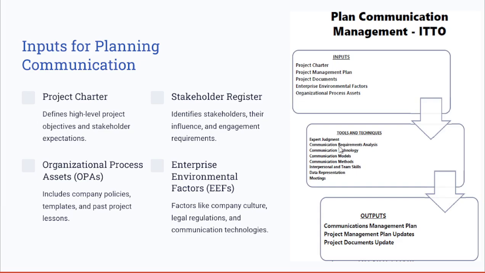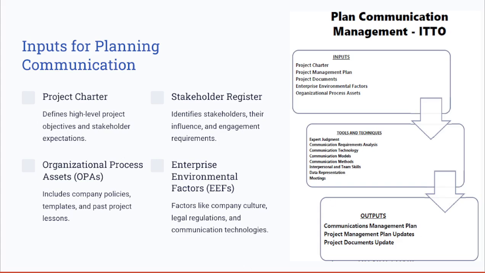The key tools and techniques are expert judgment, communication requirements analysis, communication technology, communication models, communication methods, team skills and interpersonal skills, data presentation, and meetings. The output of this process is the communication management plan.